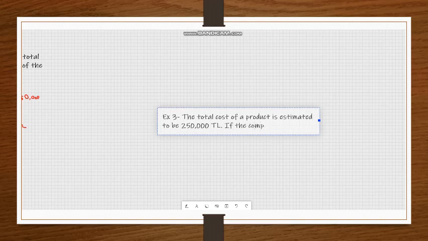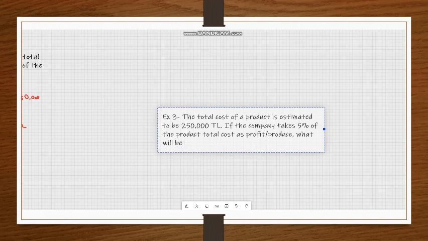If the company takes 5% of the product total cost as profit for production, what will be the price of the product?